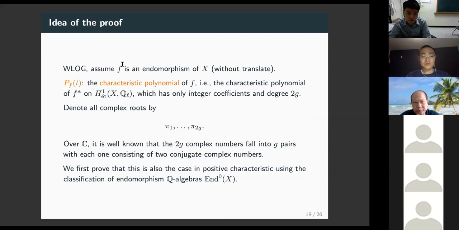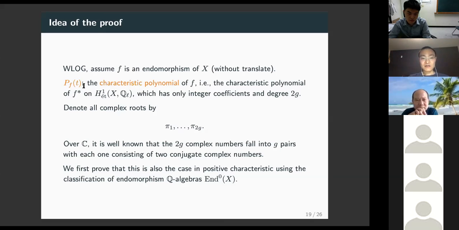Okay, so now we assume this F. For simplicity, we assume F is just a group endomorphism, so there is no translate. The translate part is trivial. We denote the characteristic polynomial of F by P_F(T).